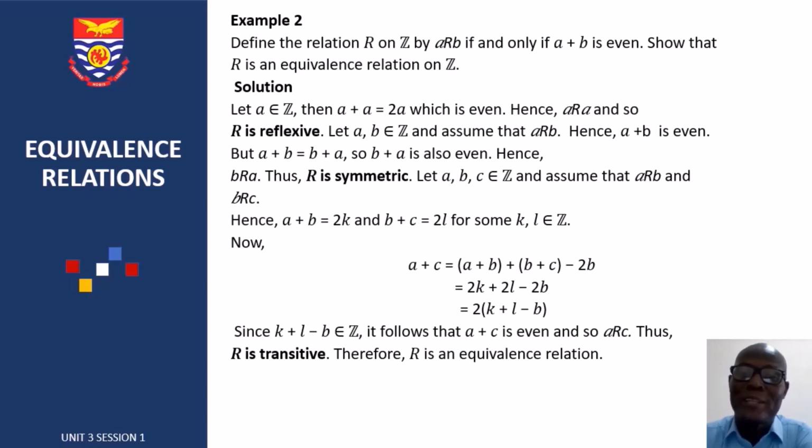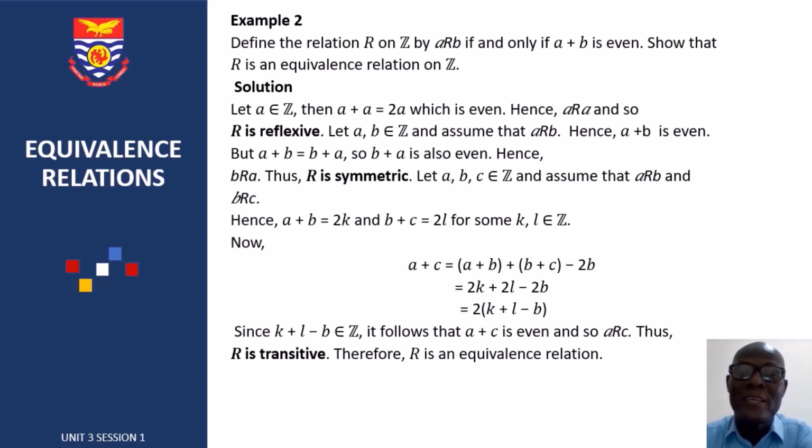Now, let us show that the relation is reflexive. For the relation to be reflexive, A should be related to itself. If we take A to be an integer, then in A relating to B, which gives A plus B, A takes the place of B. Hence, A relating to itself gives A plus A, which is 2A.